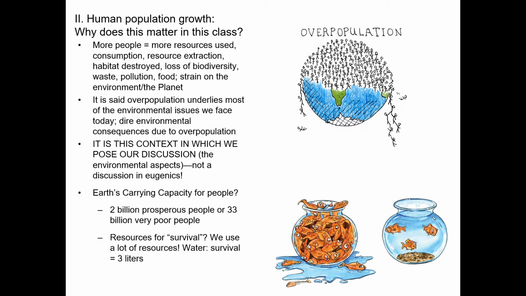We don't want to go there. We're not saying that one type of person is more valuable than another type of person. I'm just talking about the numbers and how many resources are available. Again, it gets extremely complicated, so we're going to try to stick to that.